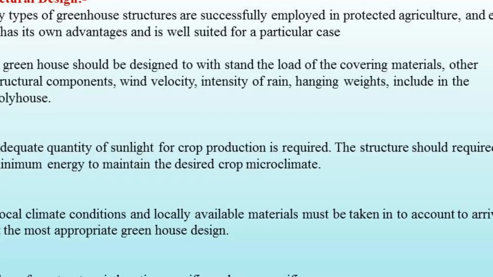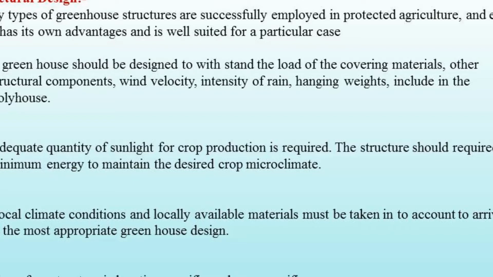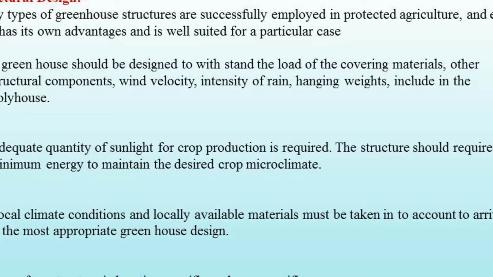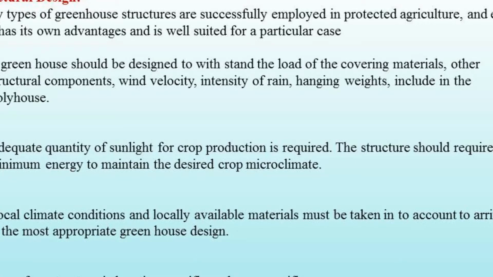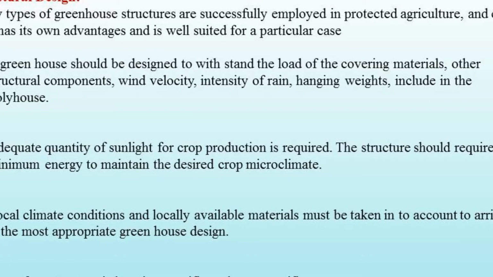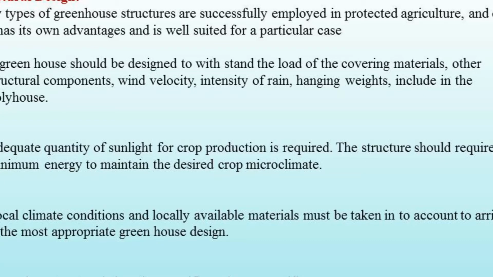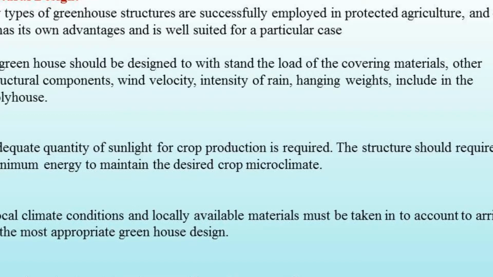So the greenhouse has to be designed for a maximum of 15 kg per square meter of live load. That means each member of the rope should be capable of supporting 45 kg of concentrated load when applied at its center. Then next is wind load.